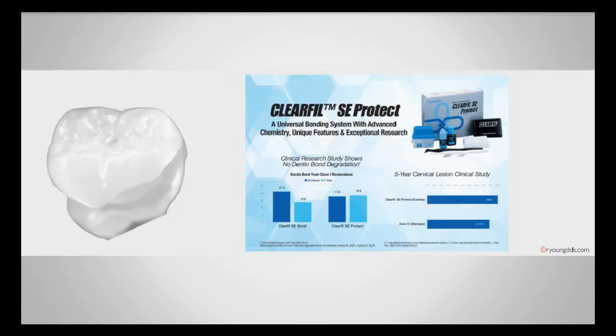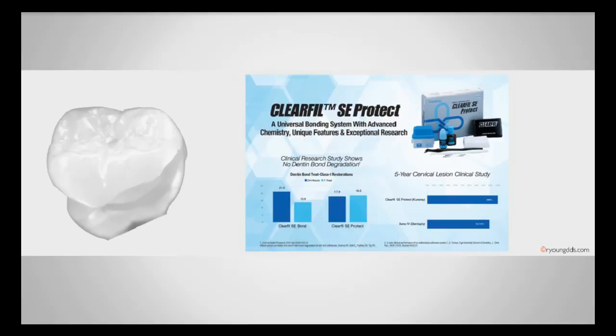So Protect is a little bit lower, but after 1 year, SE went down to 13.8 in the bond strength, and actually SE Protect went up to 18.6. So you don't have any dentinal bond degradation, and that's important to me. You want that bond to not degrade. In 5-year cervical lesion clinical studies, SE Protect had 100% success. So for these reasons, I've been using a lot of SE Protect lately and really enjoying it.